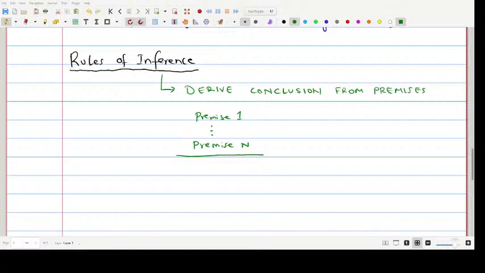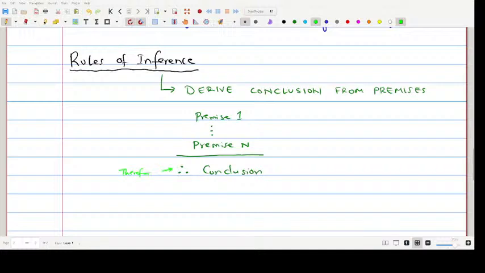We take all these premises and do this logical and operation, a conjunction, and that helps us derive the conclusion. Got it? So the premises are above the line, and below the line, therefore, this symbol here represents therefore.